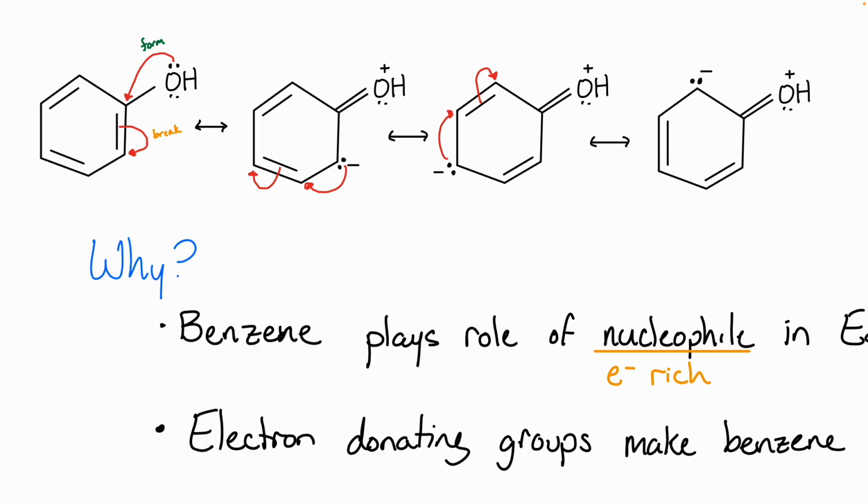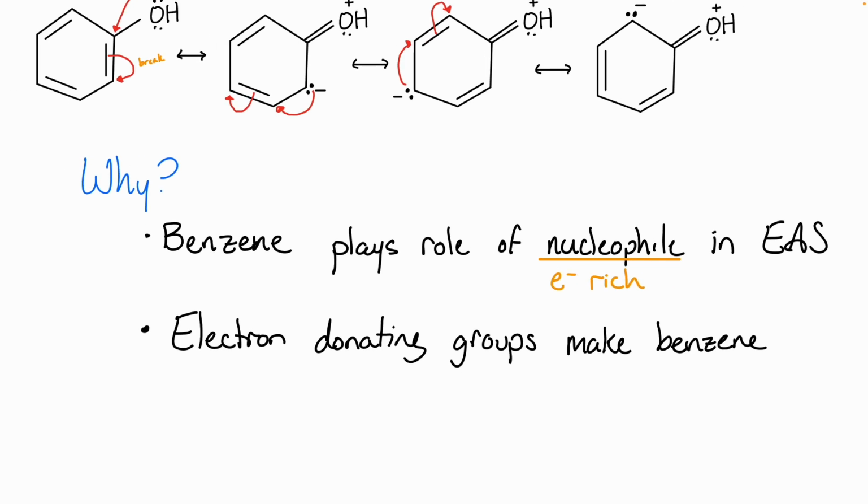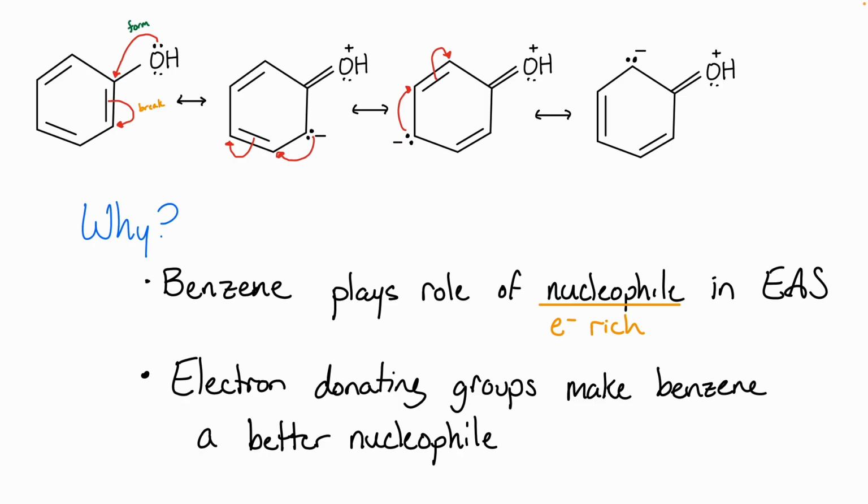Looking carefully at our resonance structures here, did we make that benzene ring more or less electron rich? More. We're adding electrons. We're donating electrons to that benzene ring, right? So electron donating groups, they make benzene an even better nucleophile. Right? I've added electron density to that benzene ring from my electron donating groups.